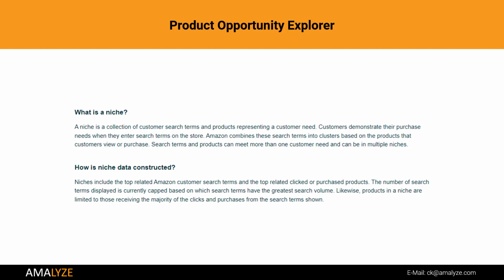It's not combined like, you enter garbage can or trash bin or so, and you will find the different products. No, you will always start with the customer searches. I will show you when the niche data is constructed.